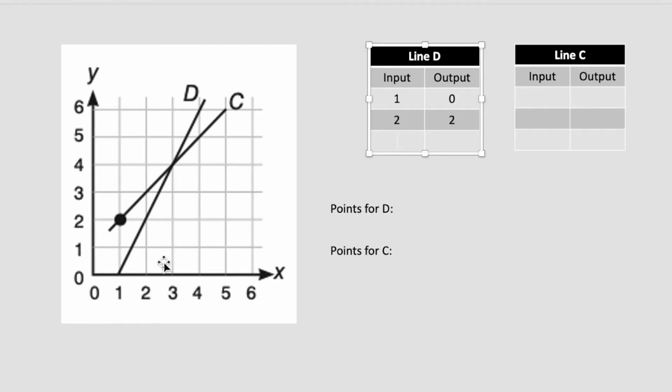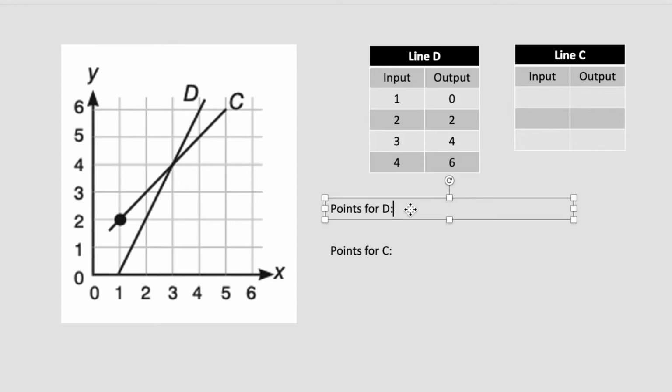Okay, and then I would find the next intersection of where they intersect there, and that is 3, and I've gone up 4. Okay, and then the next place that it intersects would be up here, and that is 4 and 6.